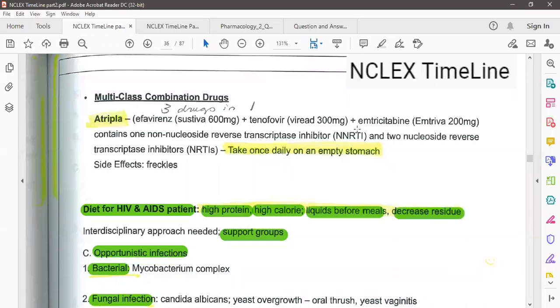So this is easy to take because take once daily on empty stomach. So Atripla contains one non-nucleoside reverse transcriptase inhibitor, shortly called NNRTI, and two nucleoside reverse transcriptase inhibitors, shortly called NRTIs.